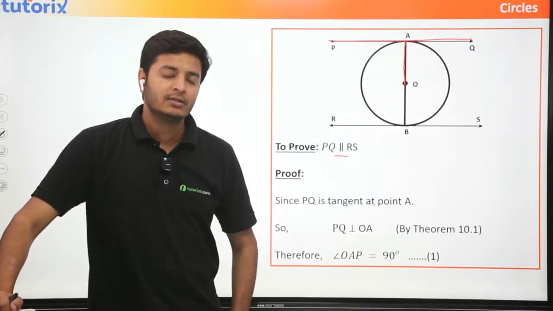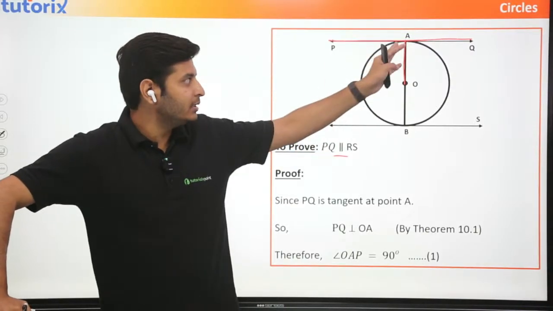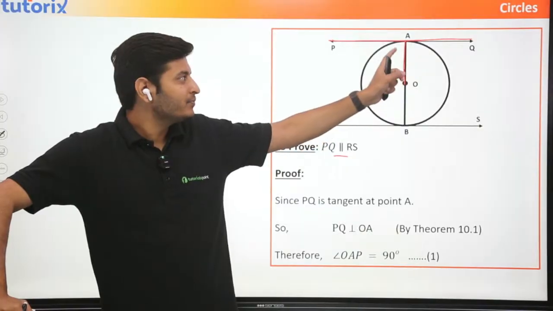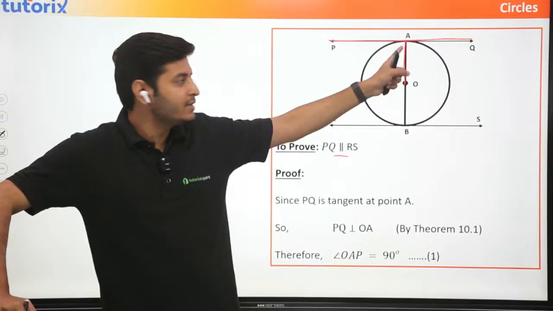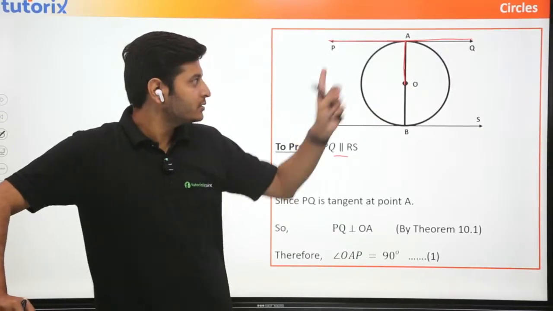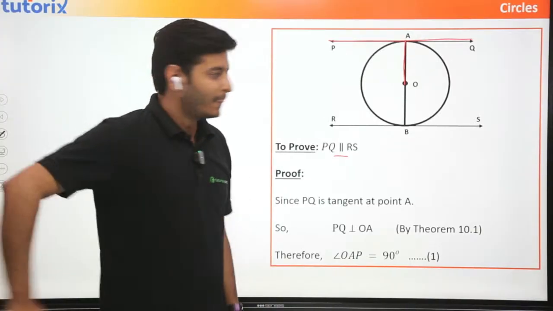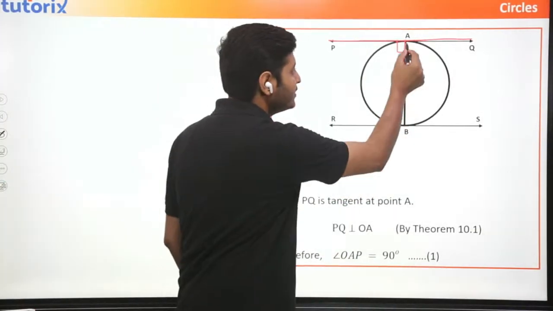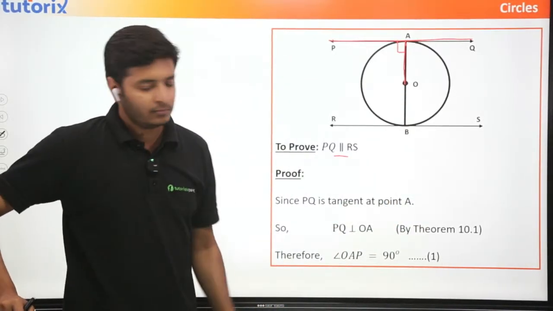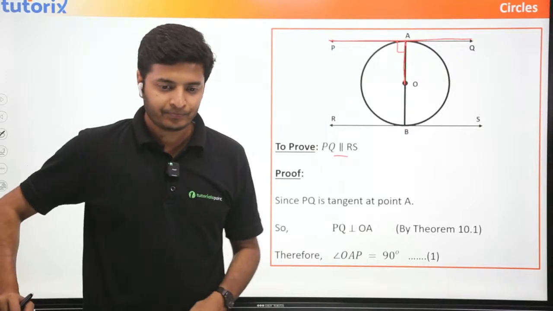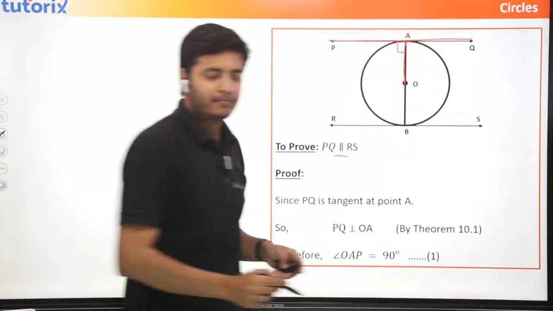Theorem 10.1 states that if we join the point of contact of a tangent with the center, then that radius and the tangent will always have a 90 degree angle between them. So this is 90 degrees because OA is the radius and PQ is the tangent. So by theorem 10.1, PQ is perpendicular to OA. Therefore, angle OAP is 90 degrees.